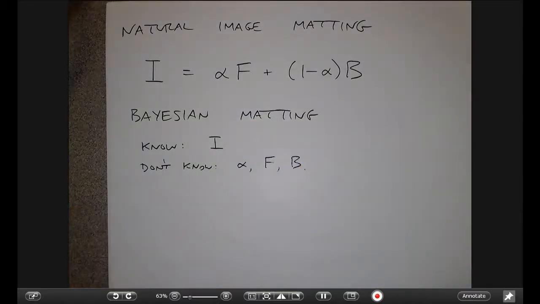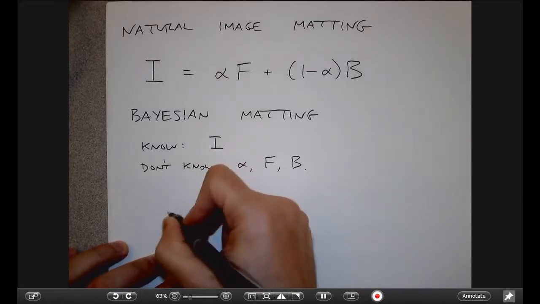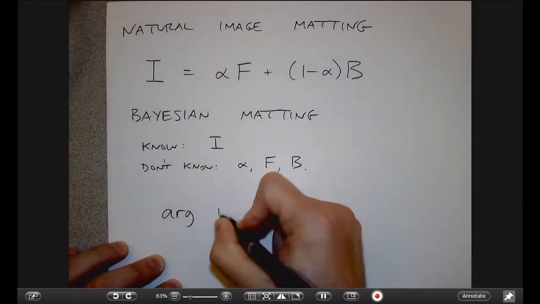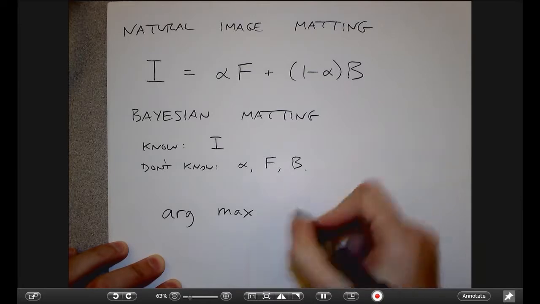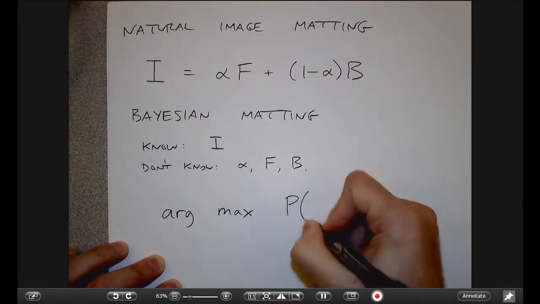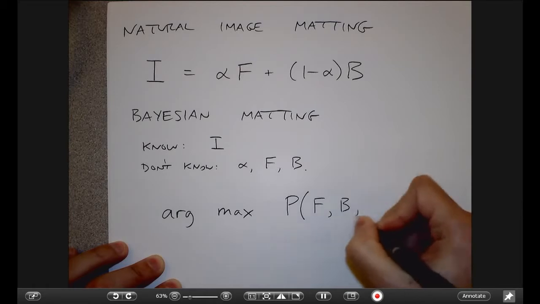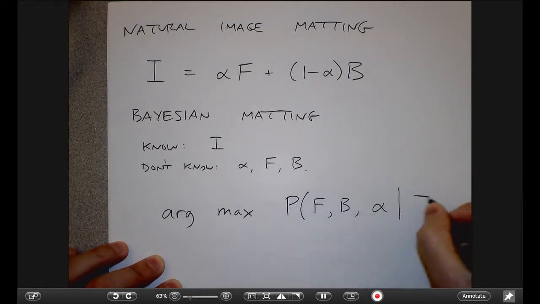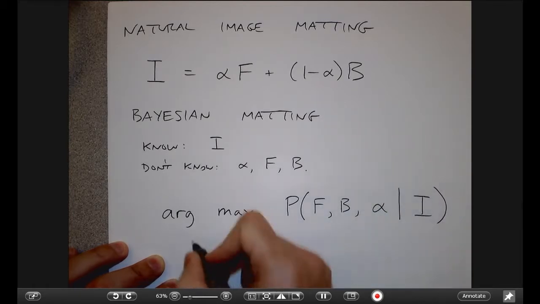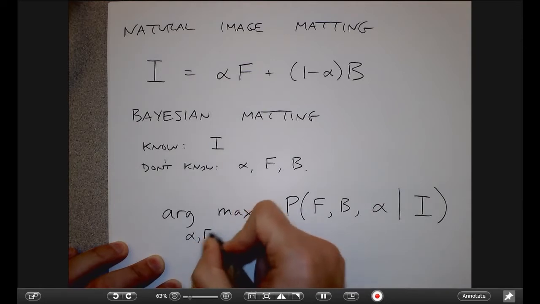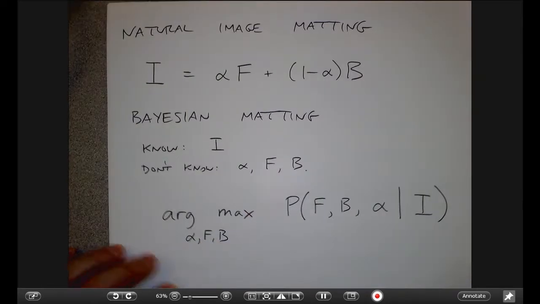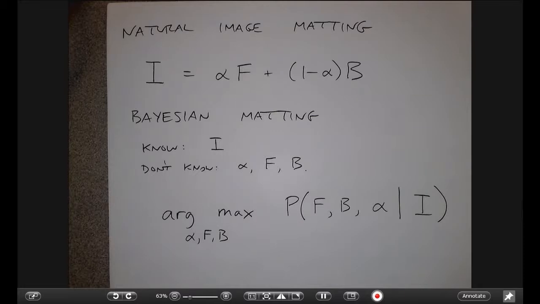Okay? And so the Bayesian matting approach is to say, what I would like to do is maximize this function, the probability of the foreground, the background, and alpha given the image. Okay? So basically these are my unknowns, and this is what I'd like to solve, right?